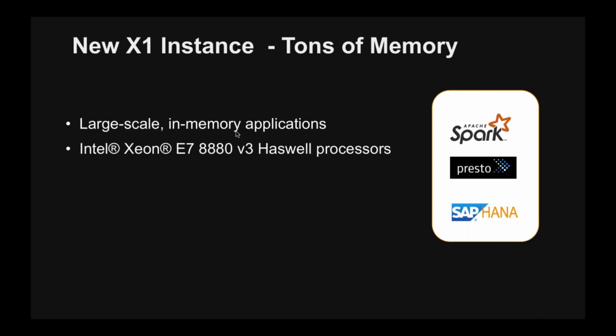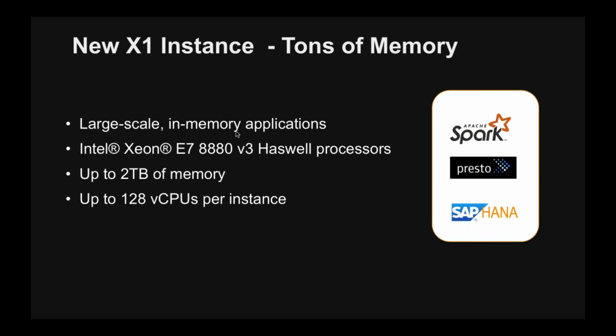It's got the Intel Haswell processors in there, so lots of great grunt, up to 2 terabytes of memory, which is nice, and up to 128 vCPUs per instance. So quite a lot of power in these instances, and for the right use case, can be extremely useful.